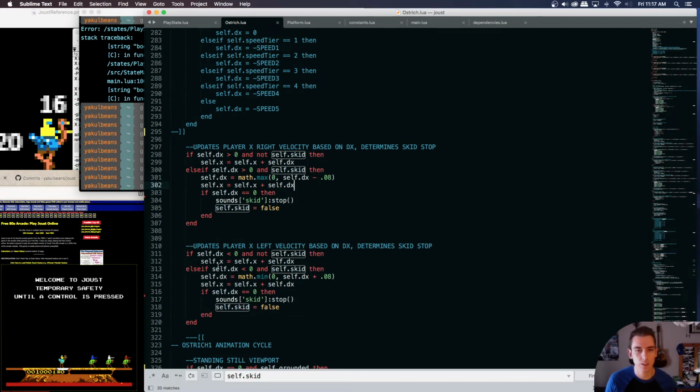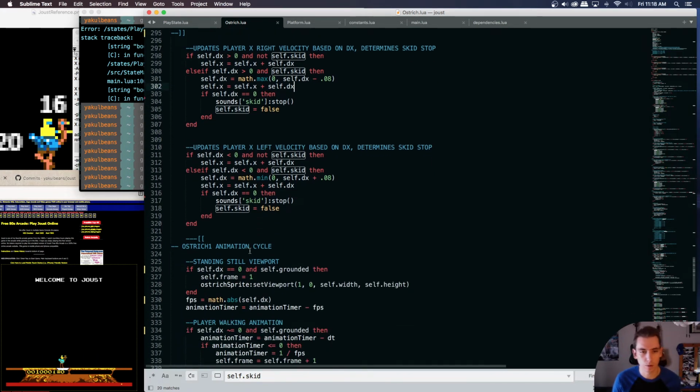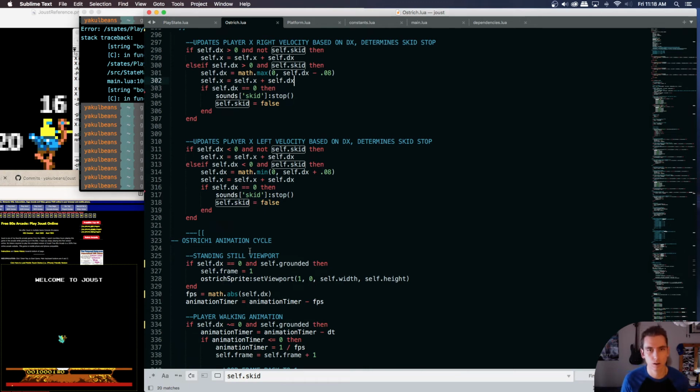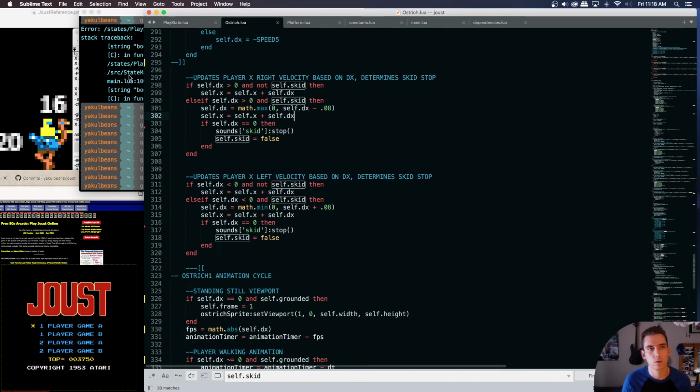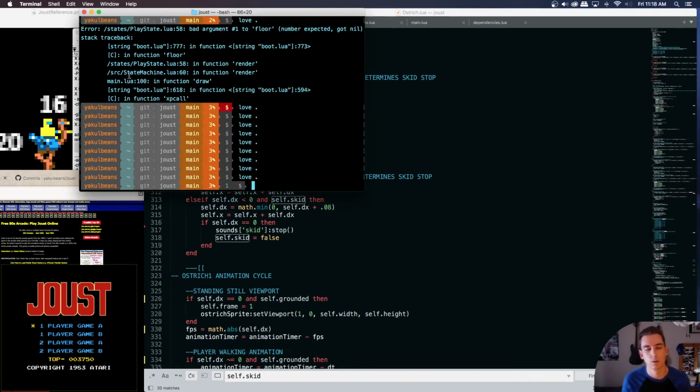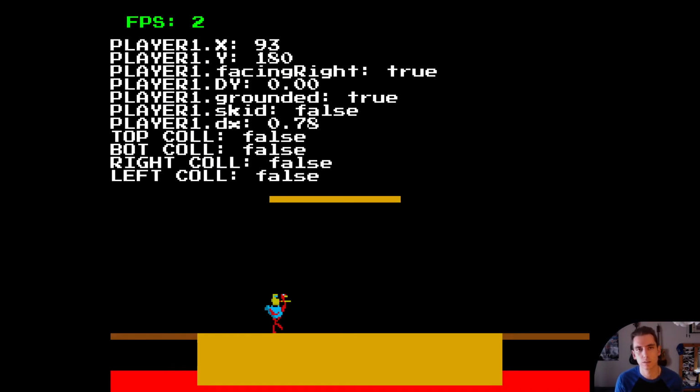So why would that be slower? If my dx is 2.35, it slows to a stop at a certain rate of minus 0.08 per frame.